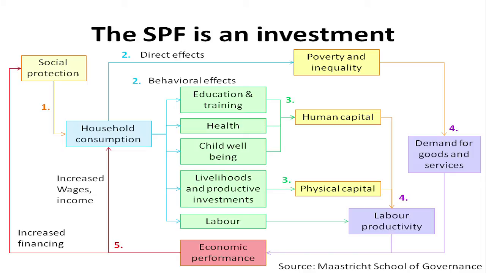Second, this effect on household consumption also has behavioral effects. For instance, if you provide access to education or health, people will be more healthy, as I was saying, and therefore the human capital of the country will grow. Human capital has a direct impact on labor productivity.